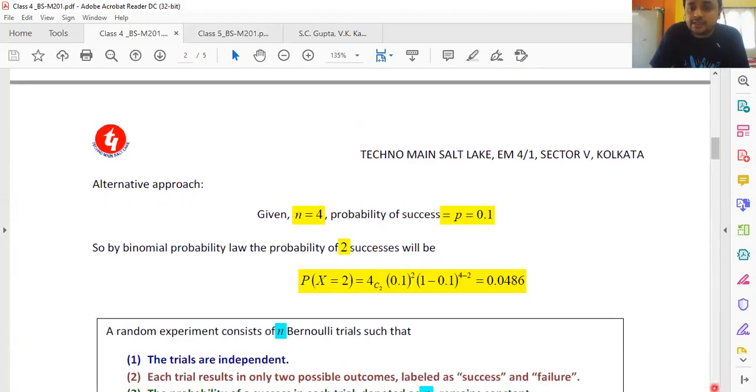What is the alternative approach to the situation? Now, in the alternative approach, we can think of the following scenario. Say, for example, how many times you are going to get the transmission: 4 times. So we are counting the number as n equals 4. I'm introducing a term which is called probability of success. Probability of success is what?